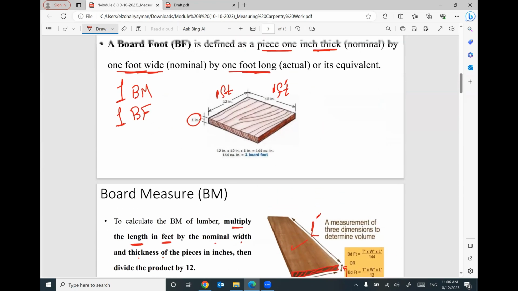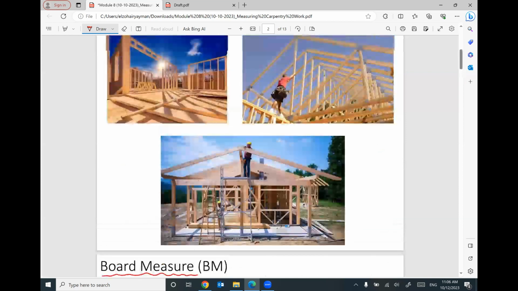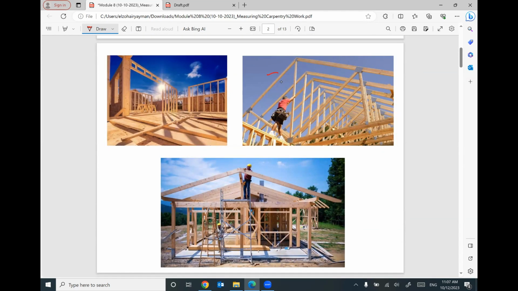So in this wood construction, we have this lumber, or this lumber, or this one. We can figure out how much board foot or board measure to construct this kind of element. It's very easy. This member has a cross section, width in inch and thickness in inch.